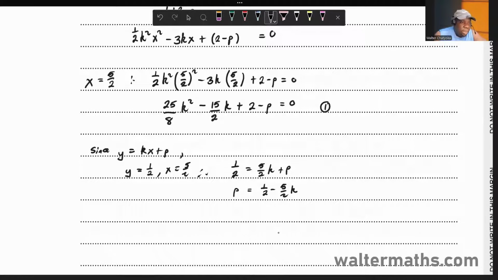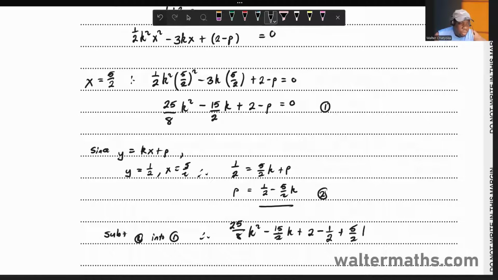So from equation 1, if this is equation 2, we can substitute 2 into 1 to have 25/8 of k squared minus 15/2 of k plus 2 minus this, which is 2 minus a half plus 5/2 of k, equal to 0.